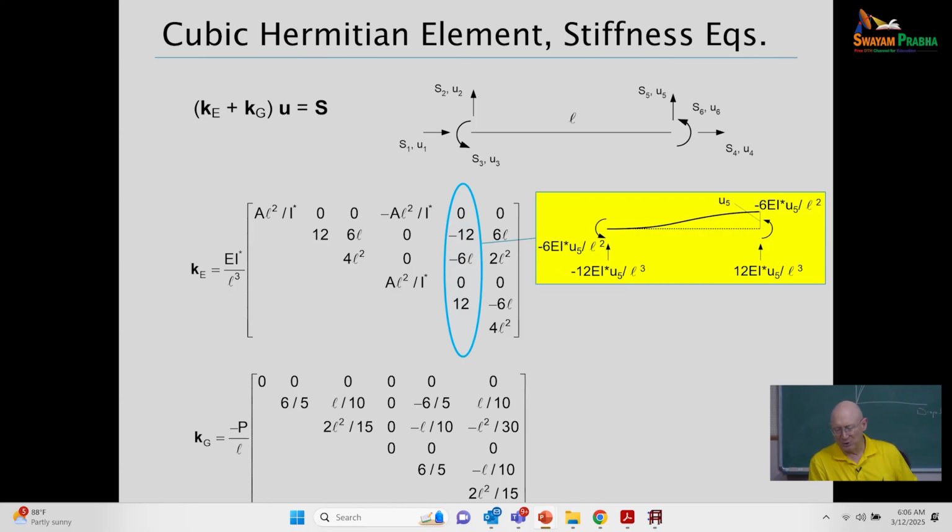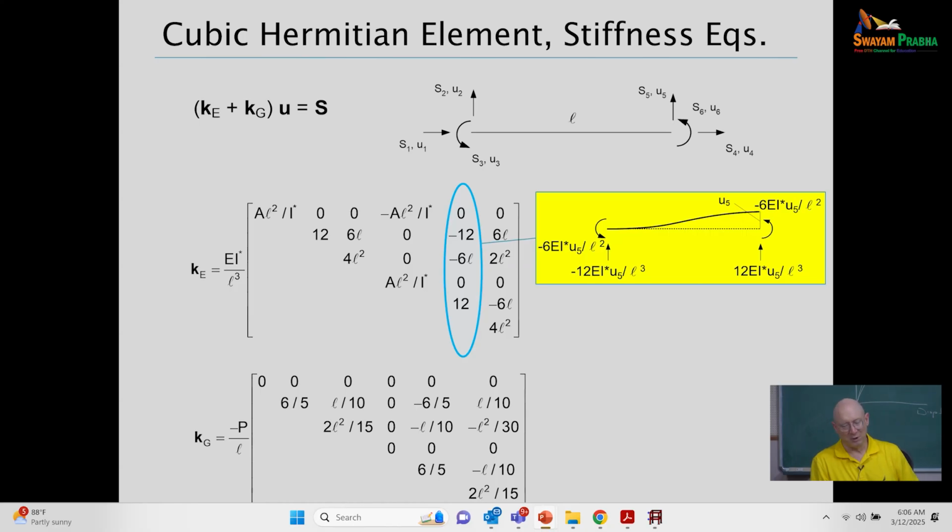Here I'm showing just the fifth column of the element matrix for KE. This is called the elastic stiffness of the element. The fifth column corresponds to a displacement of U5, and so what are all the forces that are produced for a displacement of U5?